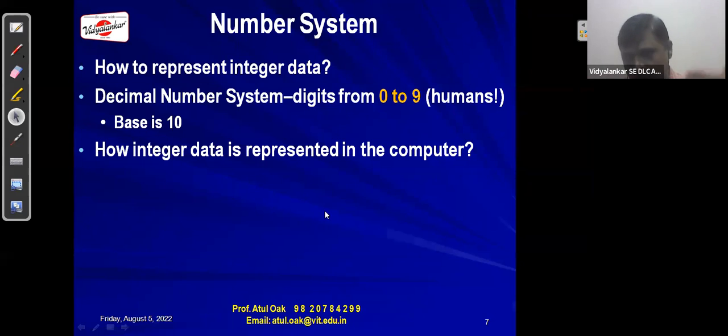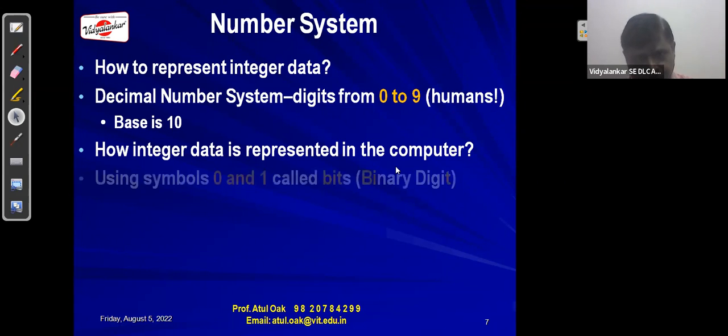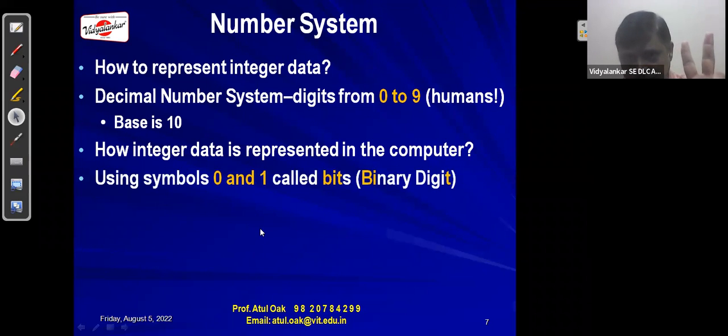When we talk about integer data in a computer, how it is represented, we always represent integer data using two symbols, 0 and 1, called a bit. Plural is bits.